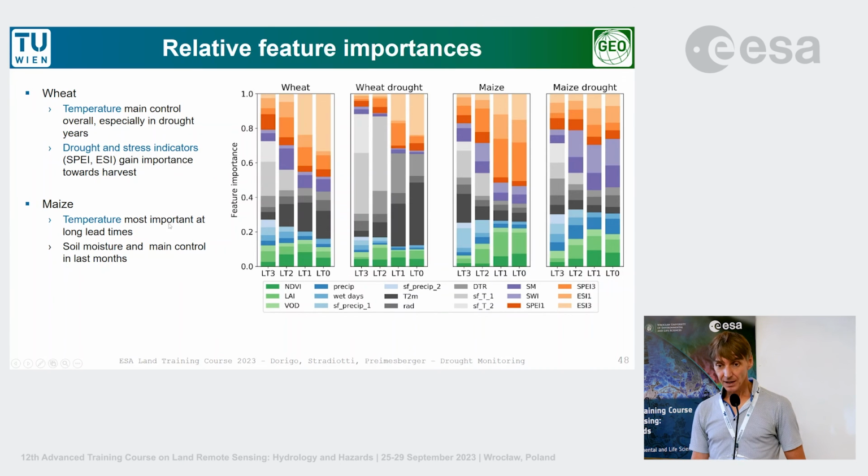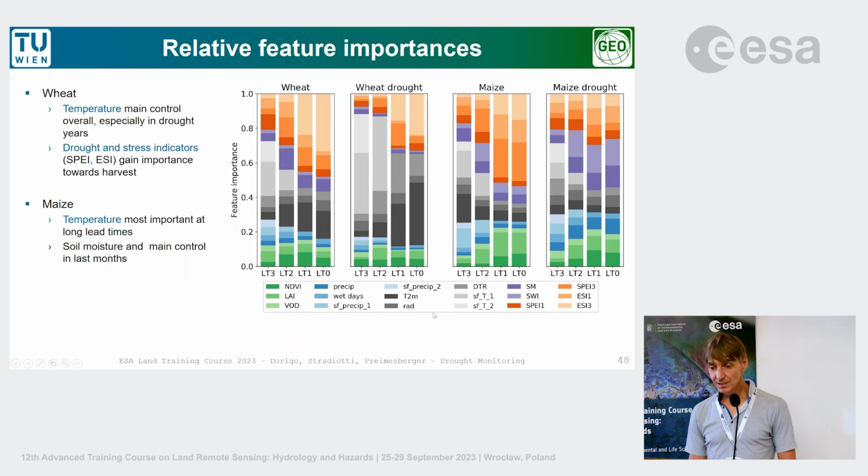For maize, temperature was the most important at long lead time, so the grayish colors again. But what was very interesting for us is to see that soil moisture is among the main controls towards harvest. So in the last months before harvest, maize yields were dominated by how much it still rained in these months, 2 months before harvest.